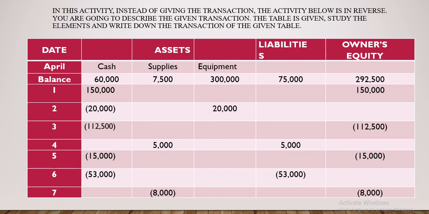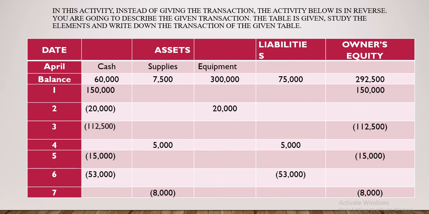Okay, so this is a sample. In this activity, instead of giving the transaction, the activity below is in reverse. You are going to describe the given transaction. The tables given, study the elements and write down the transaction of the given table. Okay, so these are the dates. April from 1 to 7, assets, liabilities, and owners' equity.